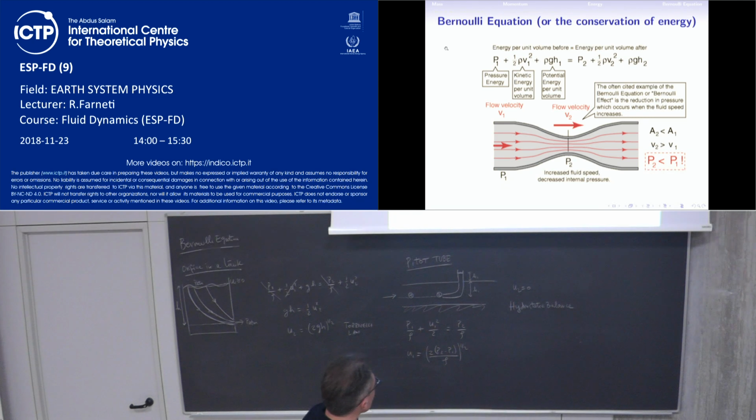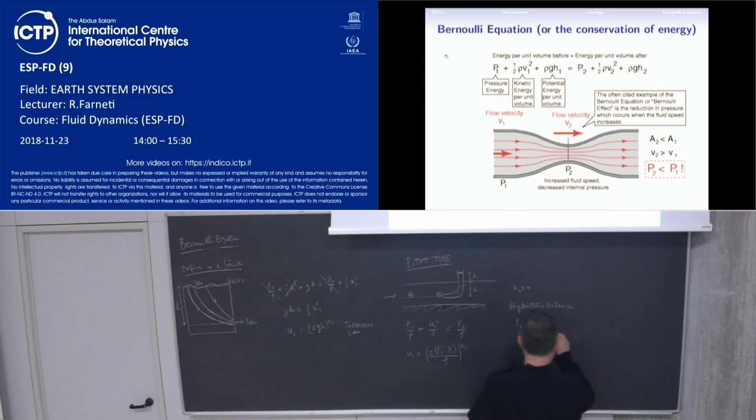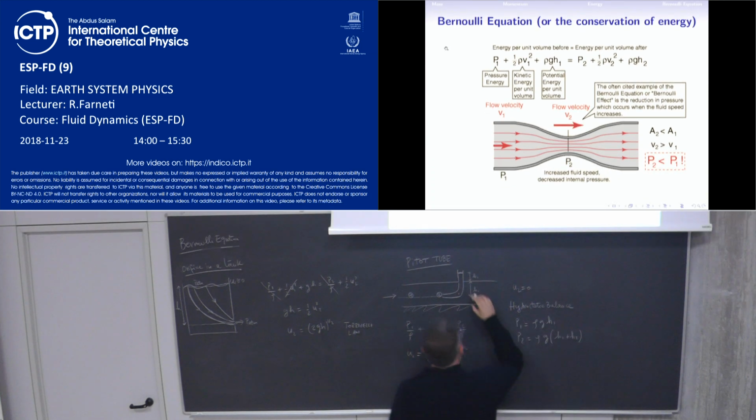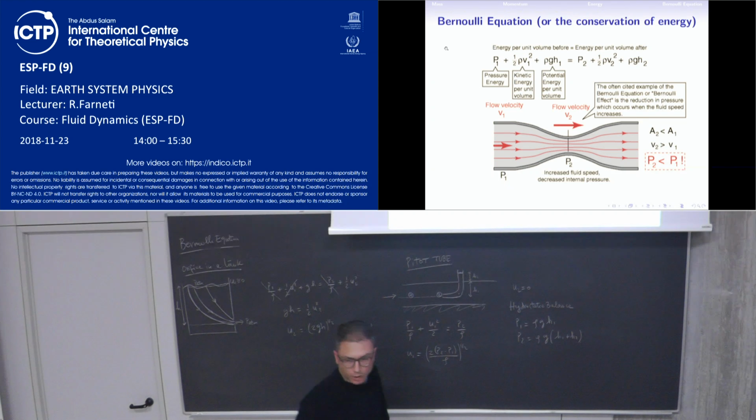If you remember the hydrostatic balance, the pressure here is going to be rho g h1, and the pressure at 2, which could be right here, is going to be rho g (h1 plus h2), because the total column of fluid inside of the tube is h1 plus h2.